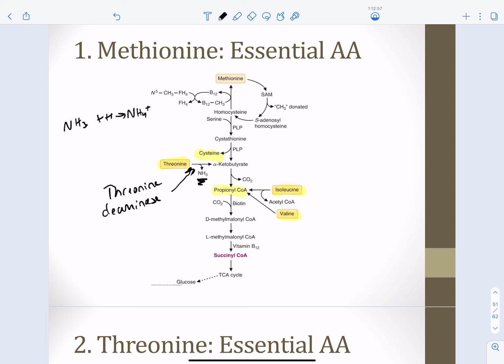And so that at a normal pH in a normal environment is what happens. So you will be able to pick up that ammonia molecule. Your alpha-ketobutyrate is going to be decarboxylated to form propionyl-CoA. So this is a decarboxylation.